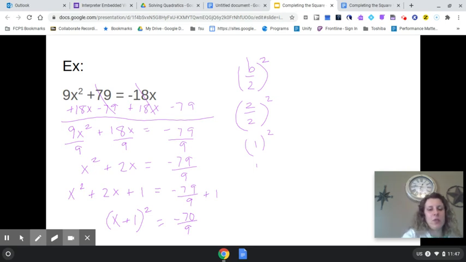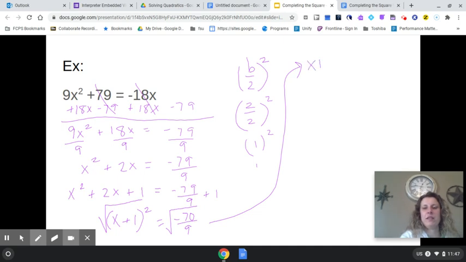Okay, using square roots, we get x plus 1 is equal to positive or negative root negative 70 over 9.